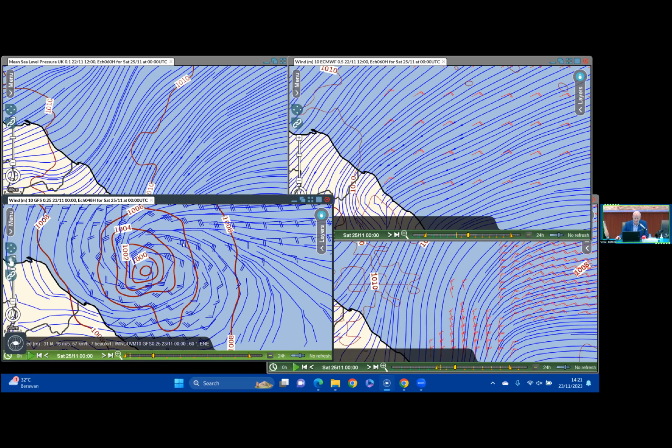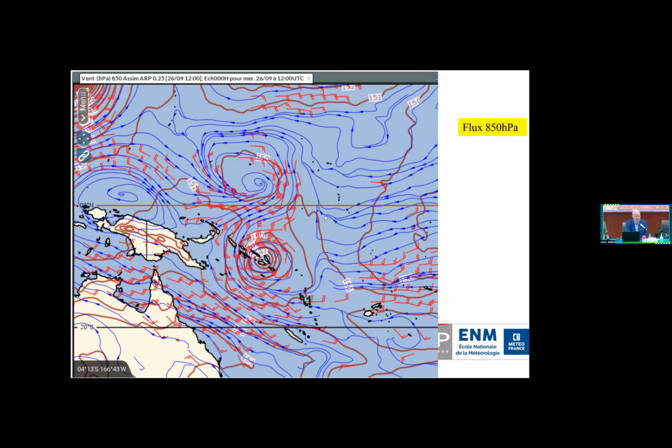What do you recognize as conceptual model? You can answer in the room and on the chat. What equatorial wave do you recognize? That's the question. Yes, equatorial Rossby, yeah, thank you. So you recognize the westerly burst, equatorial westerly burst, and symmetric cyclonic circulations.